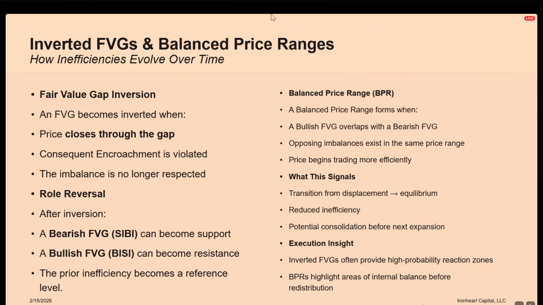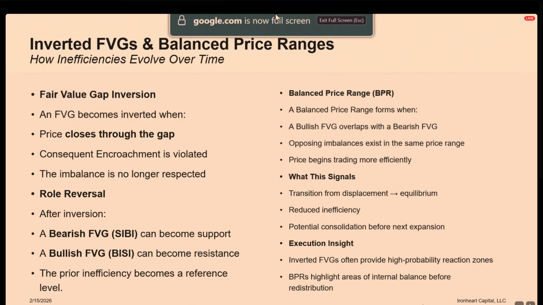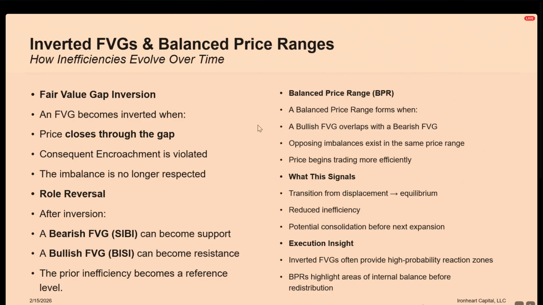Okay. A BPR is the same idea, except it's when a bullish fair value gap overlaps within a bearish fair value gap, right? You have expansion met with expansion. Within those three candle systems, you have a bearish fair value gap that's created or a bullish fair value gap that's created.